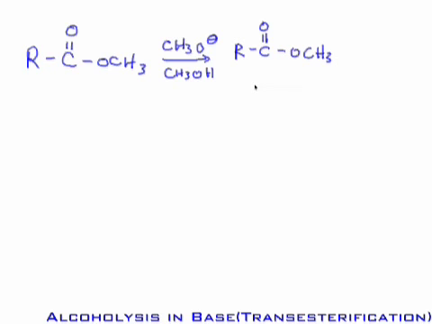However, you can carry out a reaction in base which will allow you to convert one ester to another. For example, you could imagine where if instead of methoxide and methanol, I chose to use ethoxide in ethanol, I could change a methyl ester into an ethyl ester.